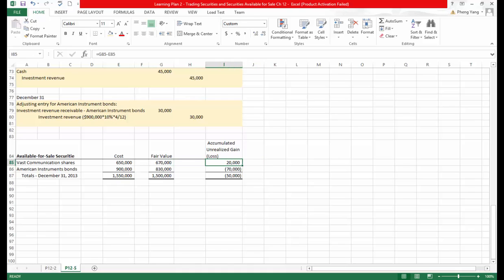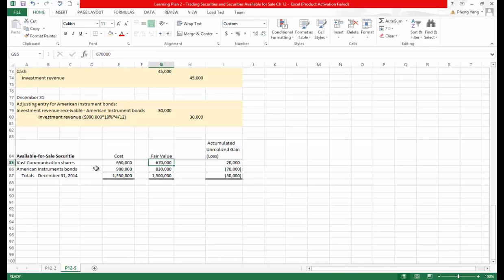All right, so far this is what we have. And this must be 2014 here. So far, we've got Vast Communications and American Instrument Bonds. Vast cost 650,000, American Instrument Bonds cost 900,000.